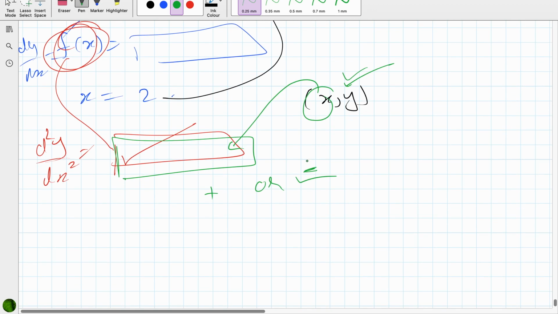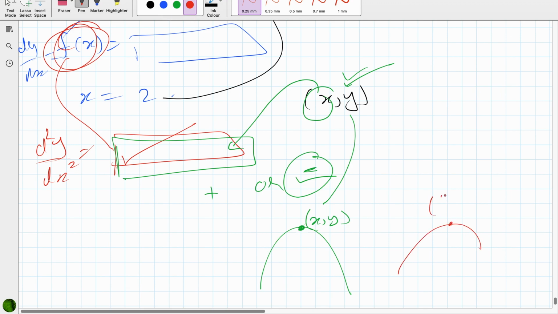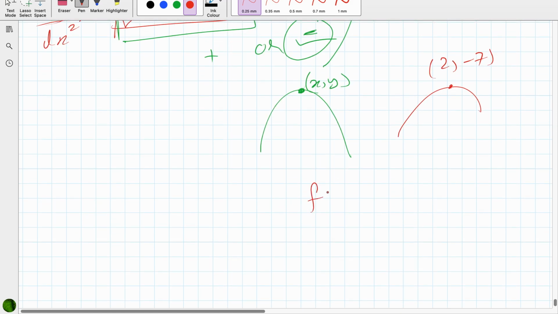Let's say it is negative. If it is negative, this would be a sad face. This point right here is x comma y. Now let me suppose these values. Let's say this is 2 comma minus 7. So your range would be that f of x is less than or equal to minus 7 at all times, because this is the highest value it can reach. All other values are below minus 7.